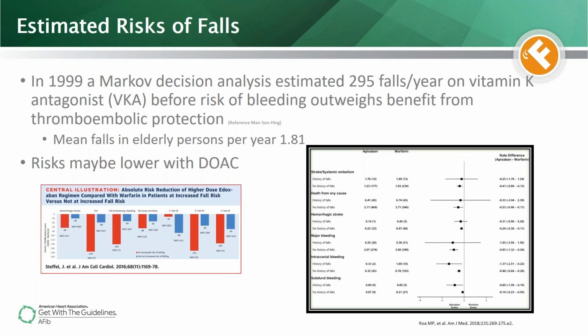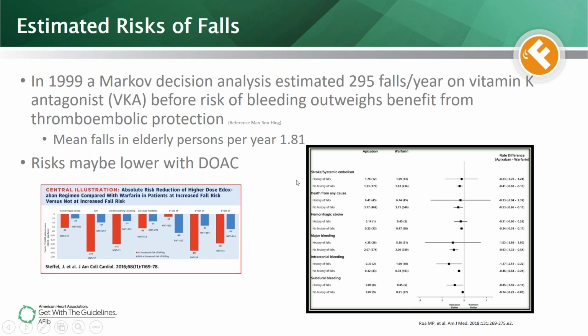ENGAGE showed no change in the safety or efficacy in patients with prior falls, and a lower number needed to treat in the patients at risk for falls, shown here in red.